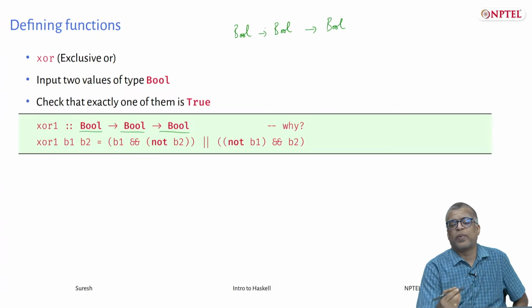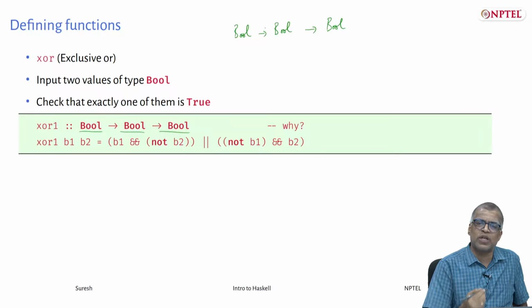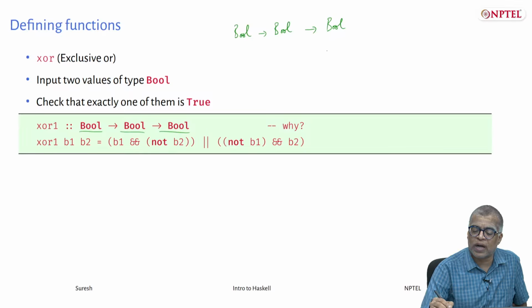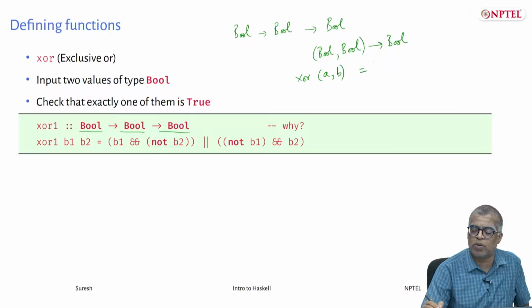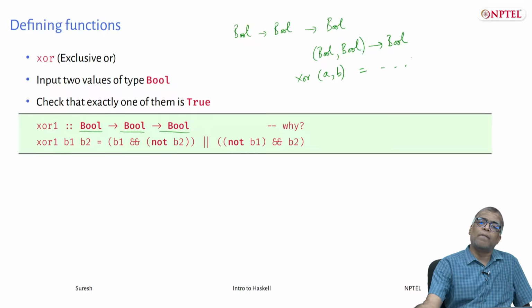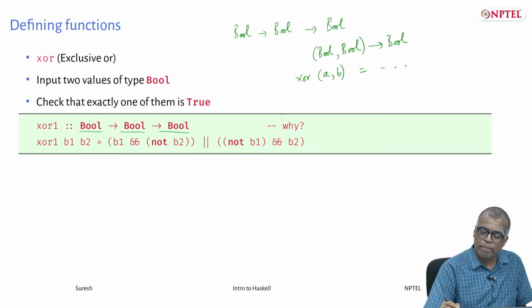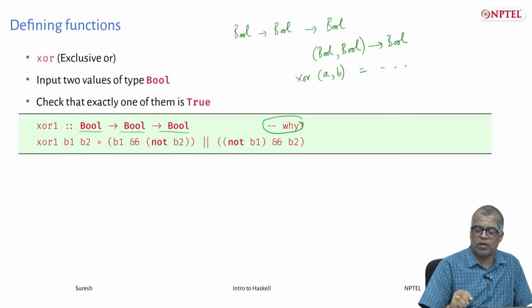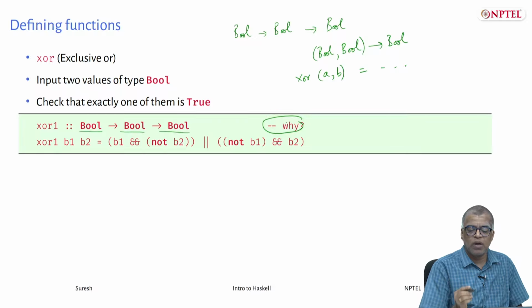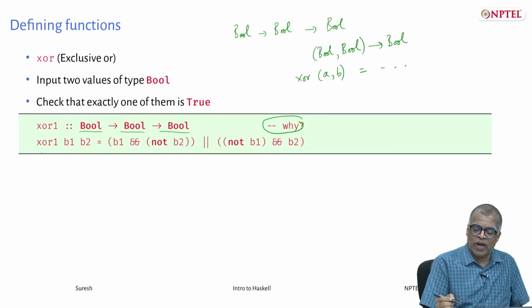In a programming language like C or Java, or even when you write it as a mathematical function, you might write it as a function of this type, and you might provide your input as XOR of a comma b equals whatever. But we do not do it that way here, and we will see why. Please wait for a couple of lectures before we resolve this mystery. But for now, XOR is defined as follows.